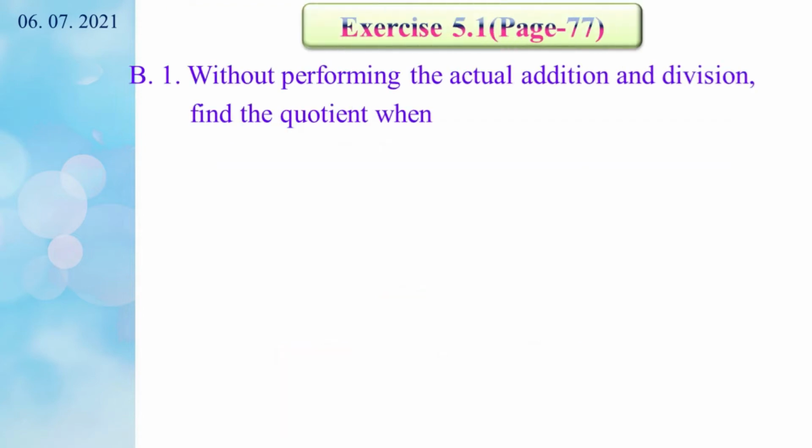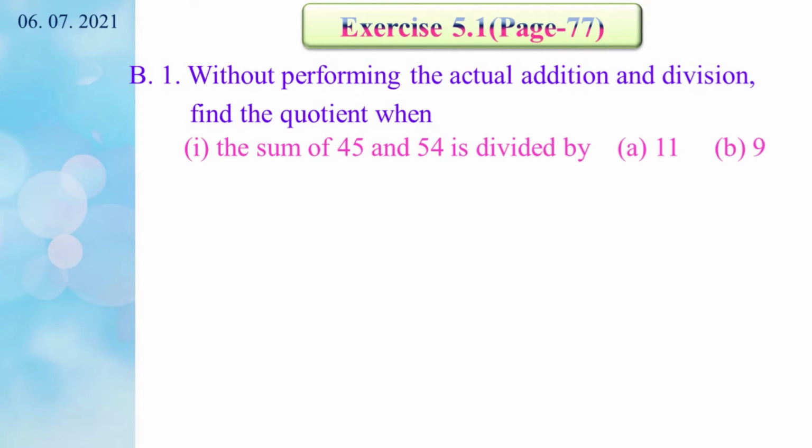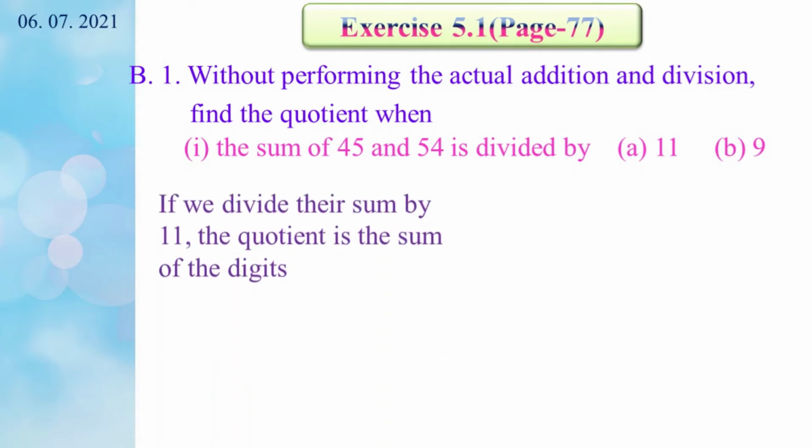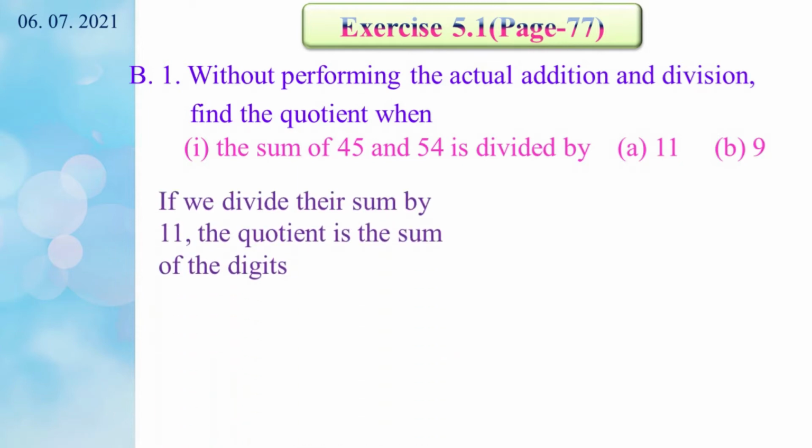Next, let us move to an exercise sum. Without performing the actual addition and division, find the quotient when the sum of 45 and 54 is divided by 11 and 9. Already we know if we divide their sum by 11, the quotient is the sum of the digits. 45 plus 54 divided by 11 equals 5 plus 4.